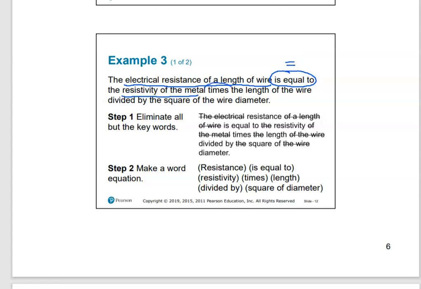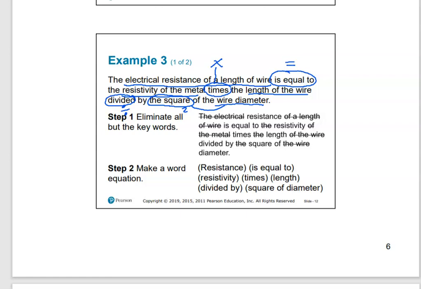Here's another keyword, times, which we know is multiplication, the length of the wire divided by another key word, this is our division, the square, that's important, the square, which is raising something to the second power, of the wire diameter.